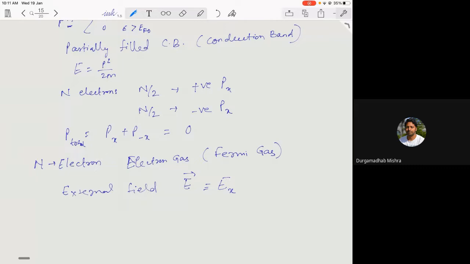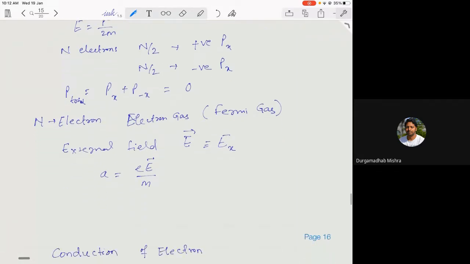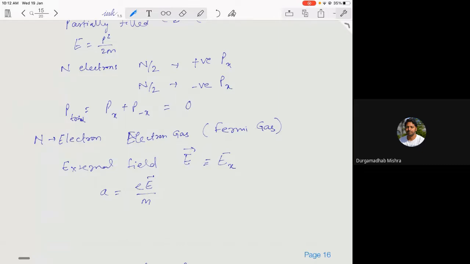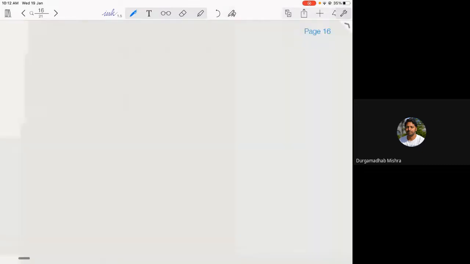Now, basically the electric field will impart a force on the electron, which will then get accelerated by m, and then there will be a change in momentum and energy due to the external field.